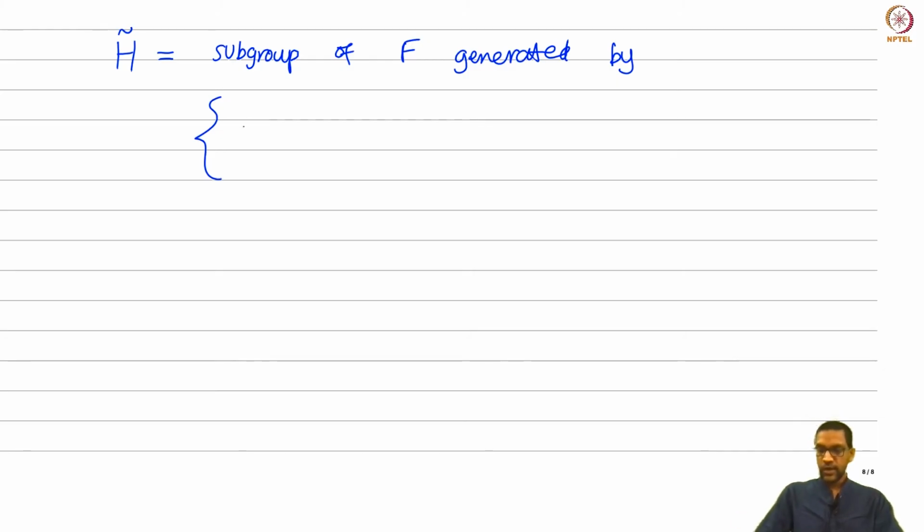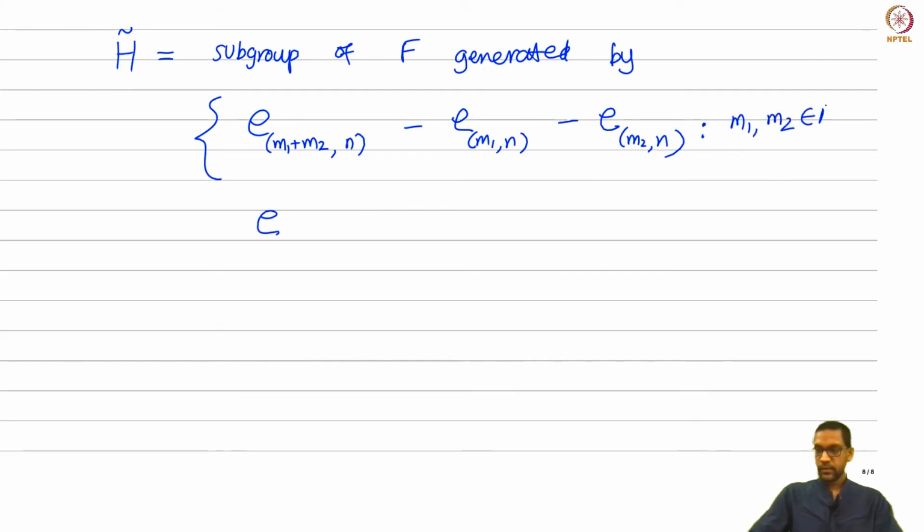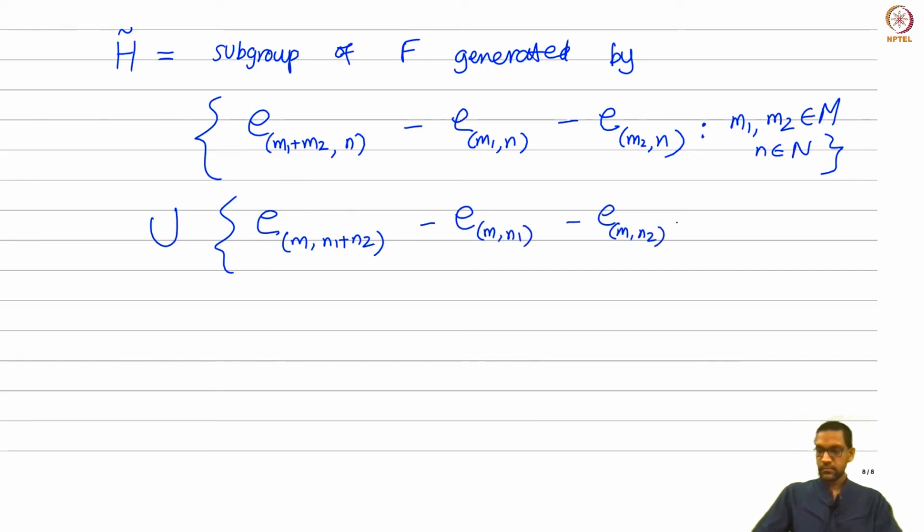Take all elements of the form e of (m1 plus m2, n) minus e of (m1, n) minus e of (m2, n), union a similar thing with the second variable.